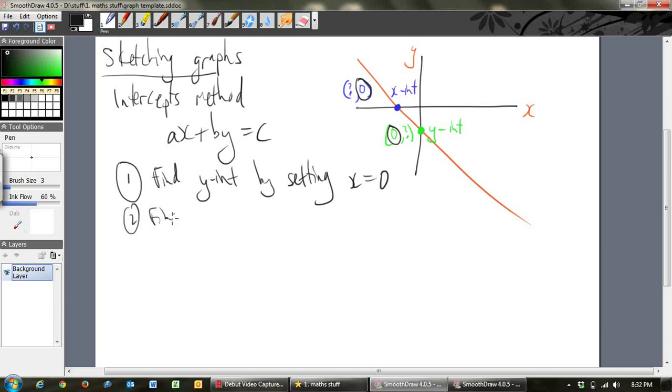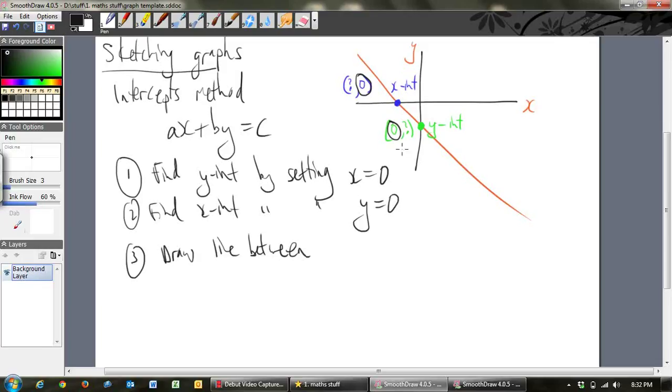Secondly, very similarly, find the x-intercept by setting y equal to 0. Third step, draw a line between them. Join the dots. And that's it. That's the method. Find the x-intercept, find the y-intercept, draw a line between them, job done.